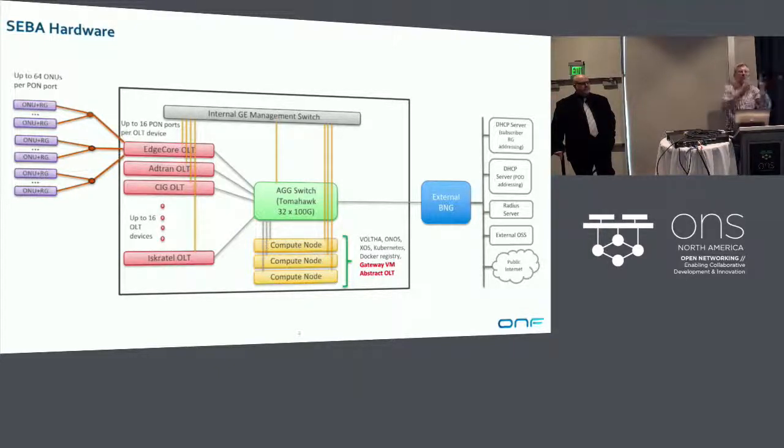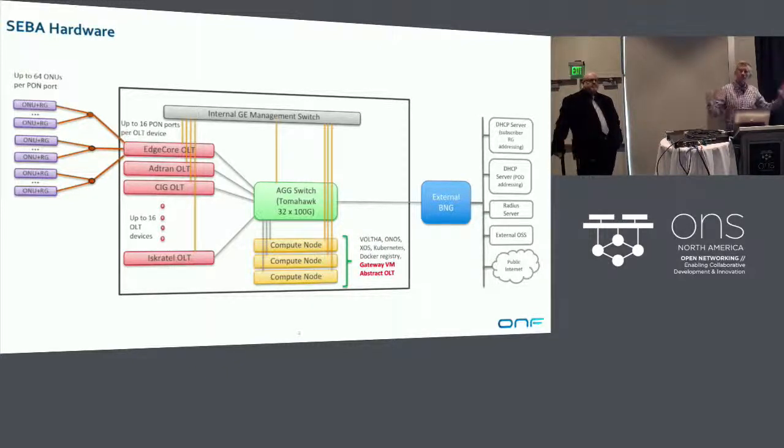So while it could be this or that, we're targeting a particular sizing of the hardware. There are a number of vendors that have OLT devices that we have worked with, so ultimately SEBA could deploy some combination of those. Each of them fans out to 64 ONUs. If you do the math, I think it's 16,000 potential subscribers connected to one of these sites. All right, so that's the hardware.